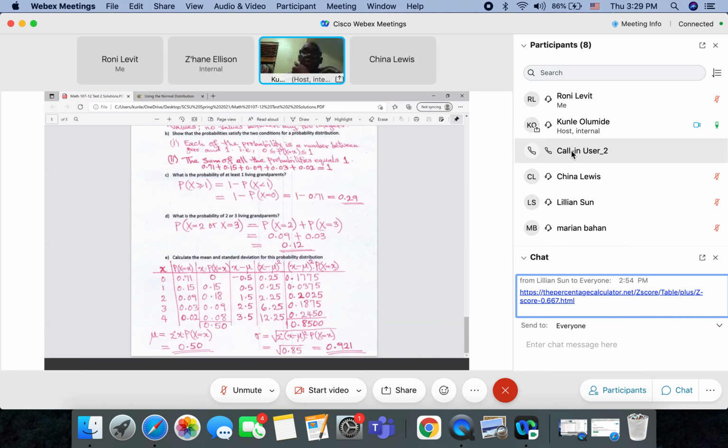That will be square root of 0.85, and it equals 0.921. Yes, sir. So one will be 0.5, then one will be 0.921. And most people got the right answer for that one. Almost everybody did.